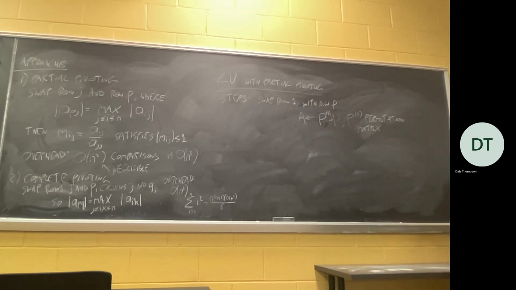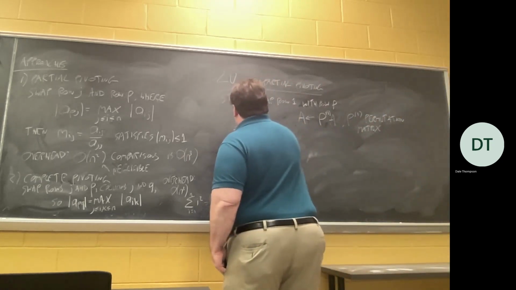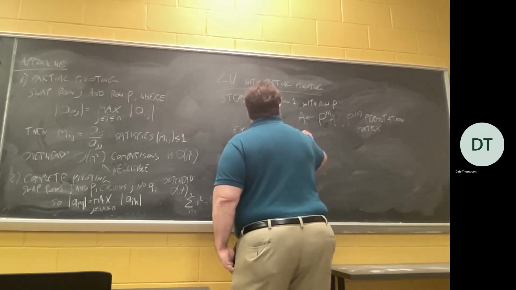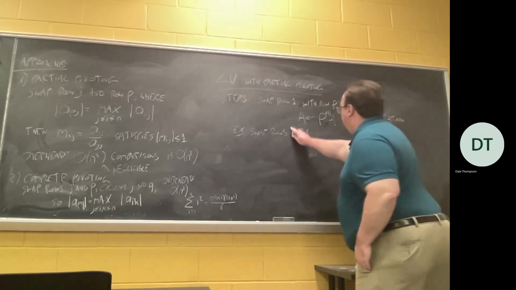Now, what is a permutation matrix? It's a matrix in which the rows or columns of the identity matrix are rearranged according to what rearrangement you want to make. So say you want to swap rows 1 and 3.